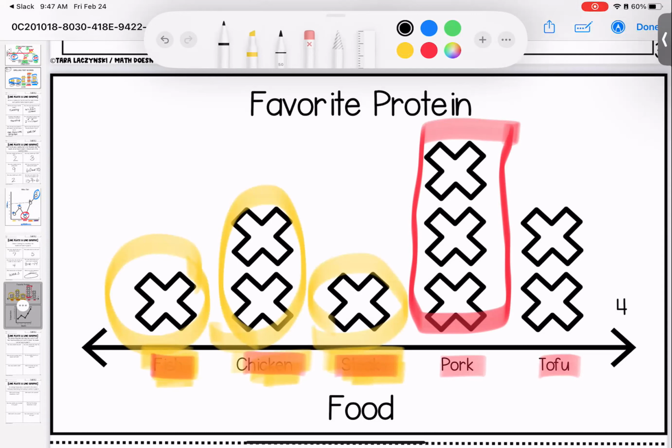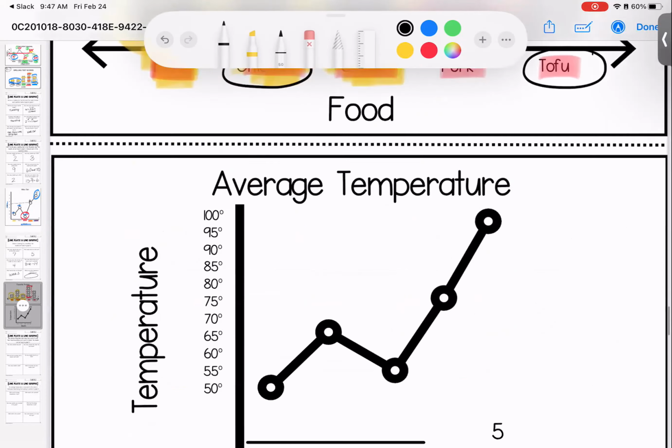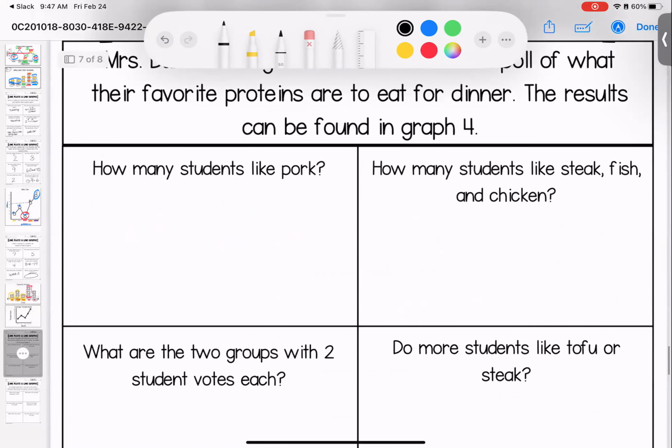Well, we have chicken and tofu. Do more students like tofu or steak? The answer is tofu. There's 2 there. How many students voted? Well, we have 3 plus 3 is 6 plus 3 is 9 students. And which 2 groups only had 1 vote? Fish and steak.